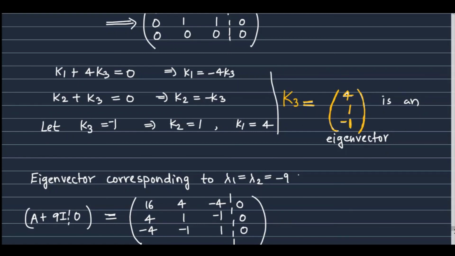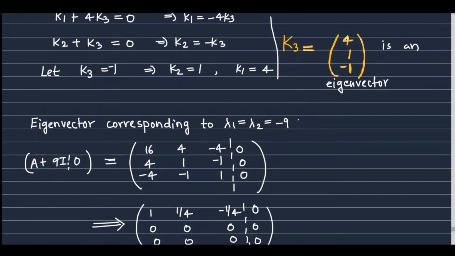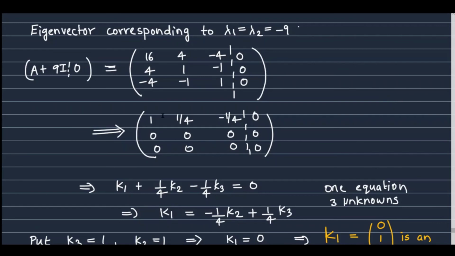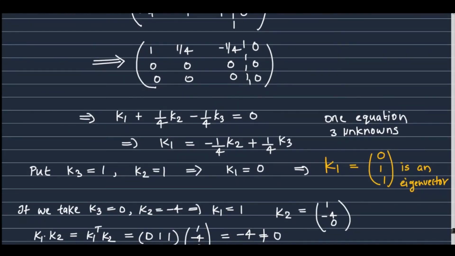Now we have the repeated eigenvalues. We have to find the eigenvectors corresponding to the repeated eigenvalue minus 9. If we proceed by the usual method, by elementary row operation we see that k1 is minus 1 by 4 k2 plus 1 by 4 k3.